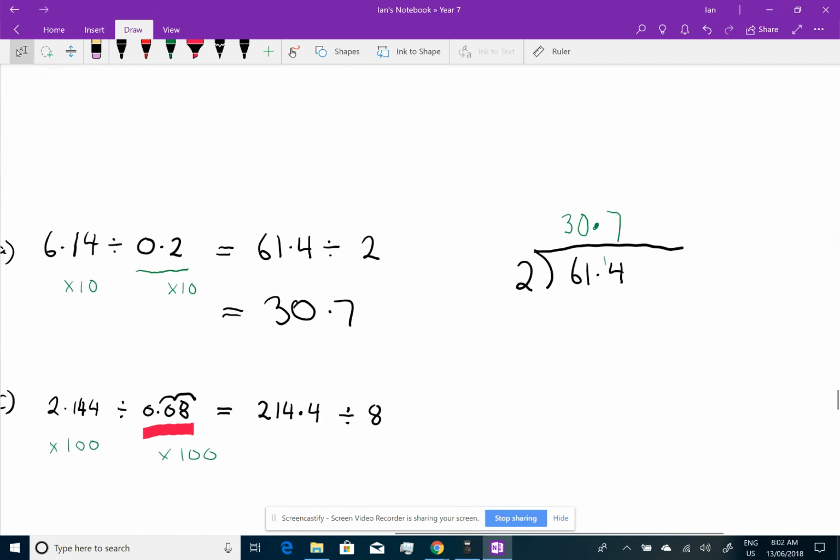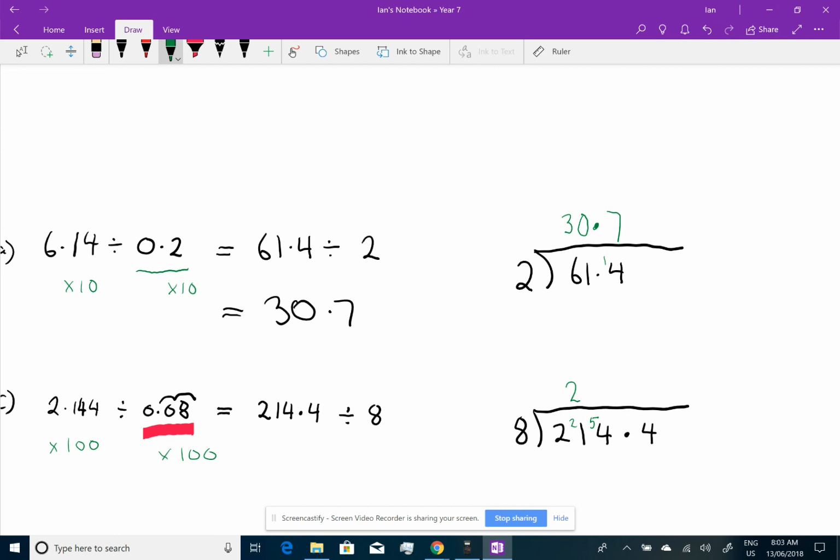I set up my algorithm, and because I'm using place value, it's all nice and easy. 214 decimal point 4. Okay, now the long division is hard. 8 goes into 2? No, it doesn't. 8 goes into 21. Well, that goes into it twice. 2 8s are 16. So I've got 5 left over. 8 into 54. Well, I know 7 8s are 56. That's not quite enough.